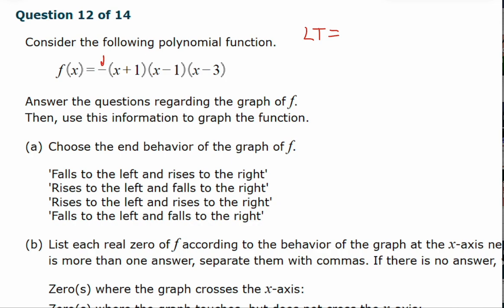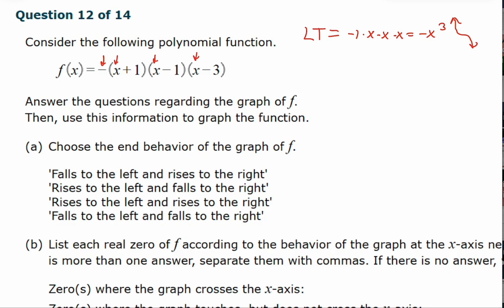Now it's going to include any coefficients and only the x's and any powers you see, and there's no powers, so it's just going to be -1 times x times x times x, or -x cubed. So now that tells us about the end behavior instantly. It is going to act like a cubic that has been flipped upside down.